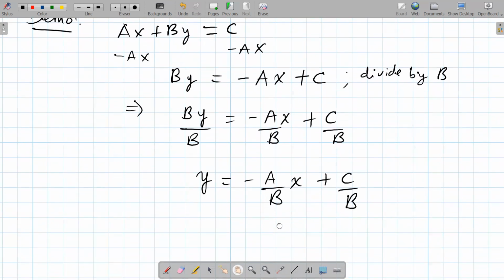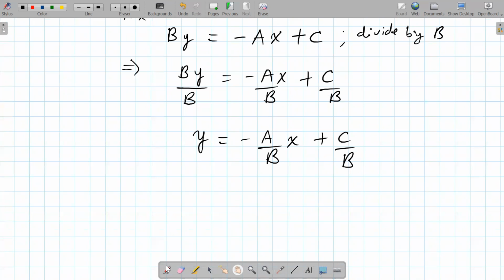And once I get here, the slope, which we call m, is going to be the value in front of the x, the coefficient of x, which in this case is going to be negative a over b. That will be the slope.